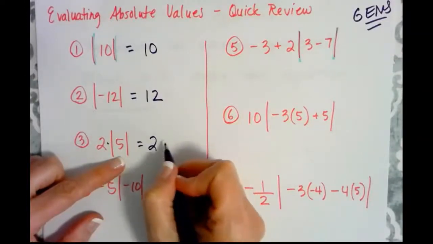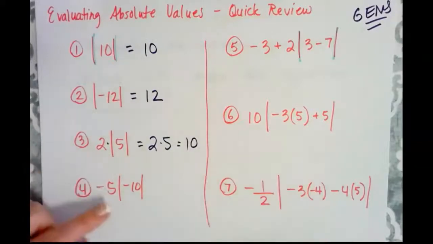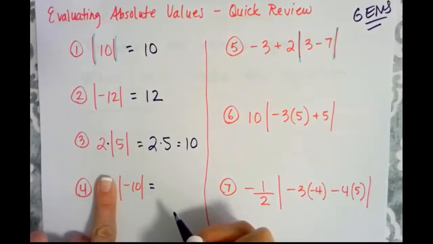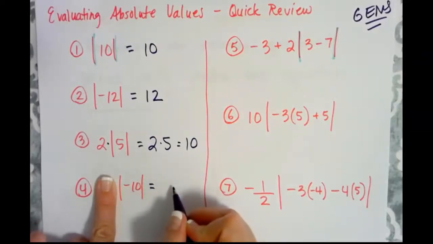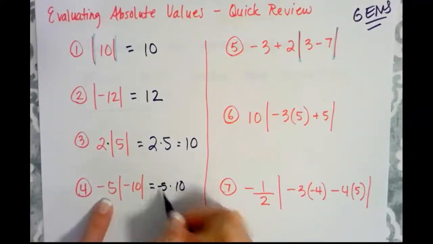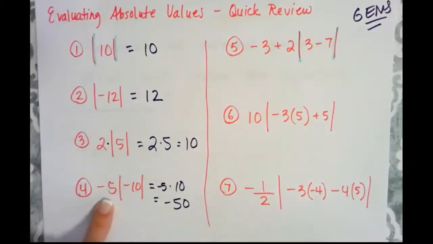The absolute value of 5 is 5, and then 2 times 5 is 10. Again, do what's inside the grouping symbol first. The absolute value of -10 is 10. Multiply that by -5. -5 times 10 is -50.